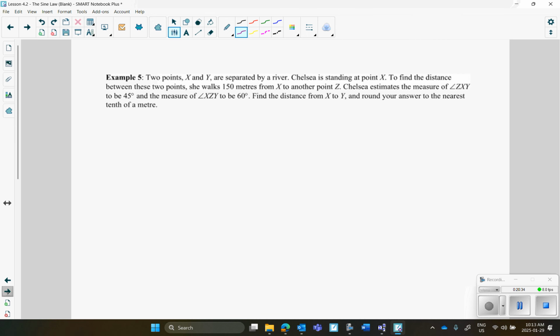Okay, so this one we actually don't have a diagram. So one of the challenges for this question is going to be making sure we draw the diagram correctly. So we've got a river.